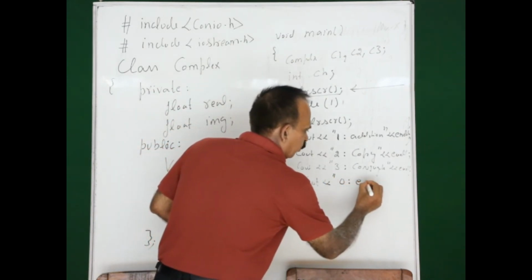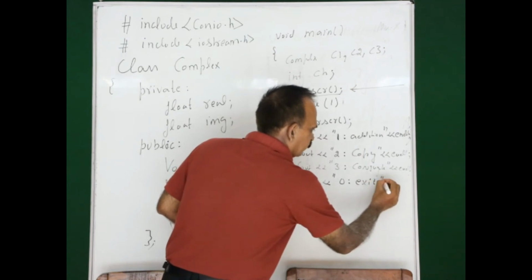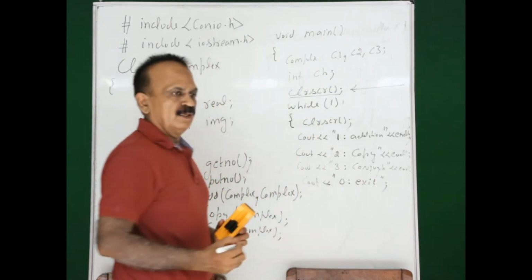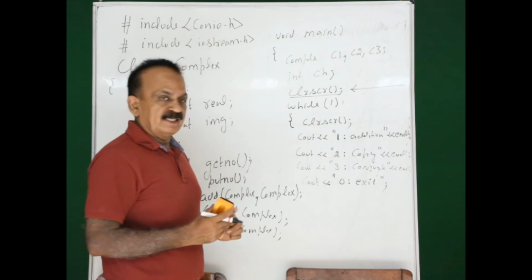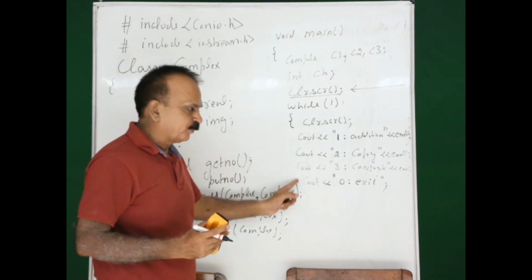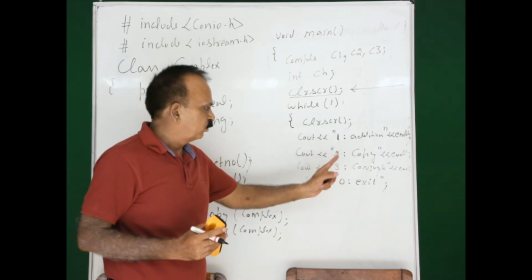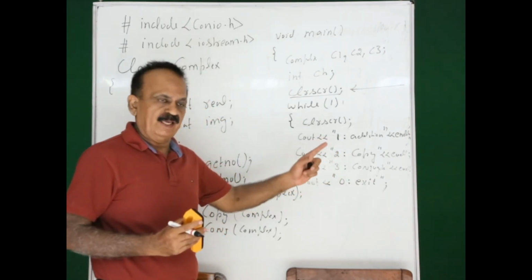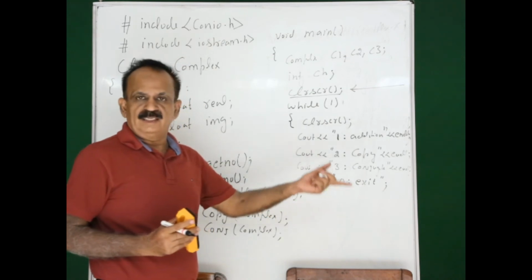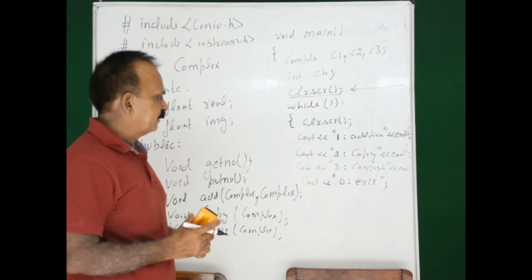Option 0 is used to exit from this particular loop. Right? So this is where I displayed all the options. The first is addition. Second is copying one complex number to another. The next one is conjugate of a complex number. And no doubt the last option is for exit.